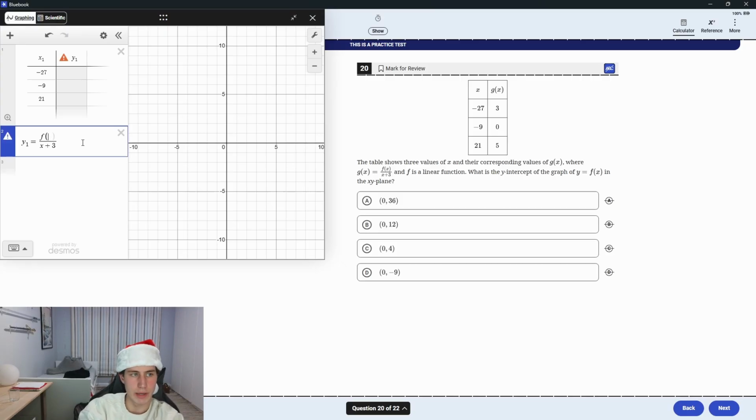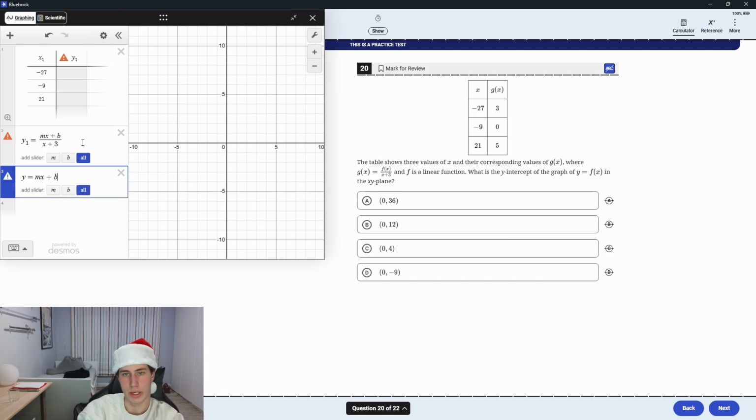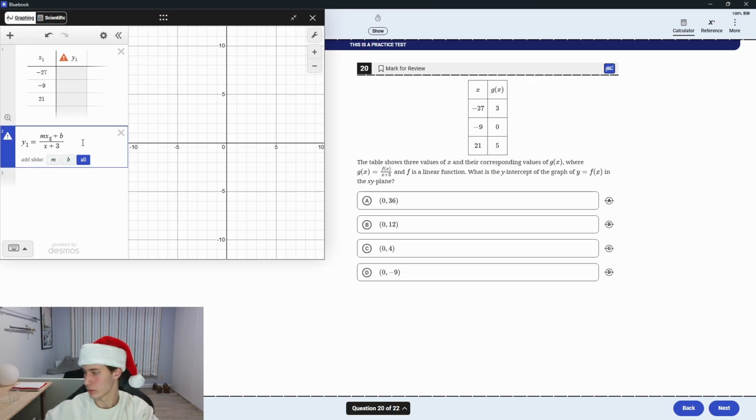So we can rewrite f of x as mx plus b, because the format of a linear function is y equals mx plus b. In this case, we already have our y equals, so we're just writing mx plus b to make it into a linear function. And remember, we have to write this as x1 to say that it's actually the point x1 and not the actual number.